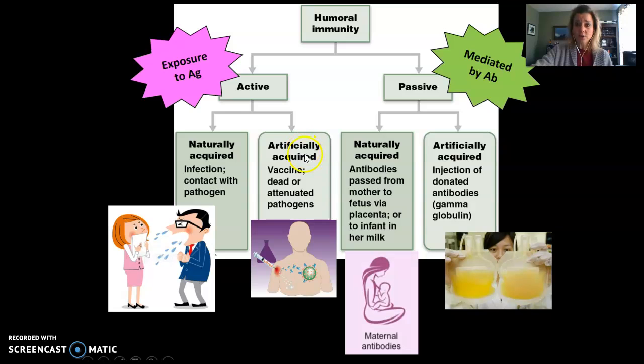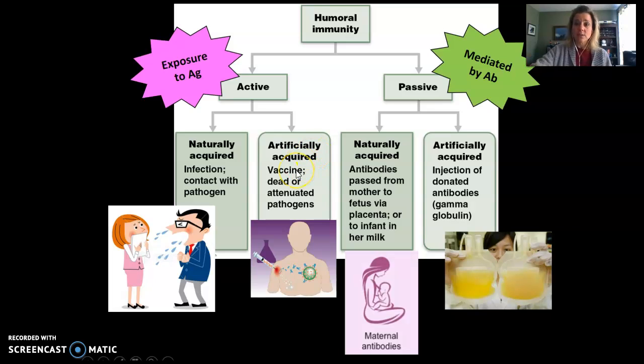Active artificially acquired immunity means that we've been stuck with a needle. In fact, if it's artificial active or even artificial passive, it means that there was a needle involved. In this case, since we're talking about antigens, it means that we have been injected with the antigen, and our body is now going to respond to that by making antibodies.